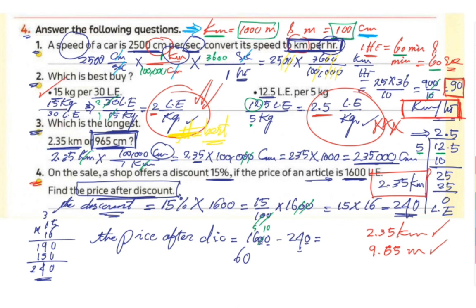And 5 minus 2, that's 3. And drop 1. So 1360 LE is the price after discount.